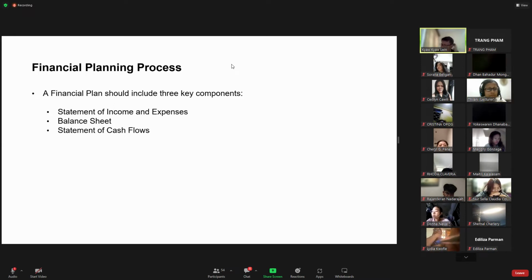Yes, because I was also thinking about that when we do the financial planning for the new company, they have to start the planning when the company goes to operate. But for the company, let's say that it has been running for many years, I was thinking whether they should start at the beginning or before the beginning of the year, and when they do the planning, is it on a monthly basis or for the whole year.